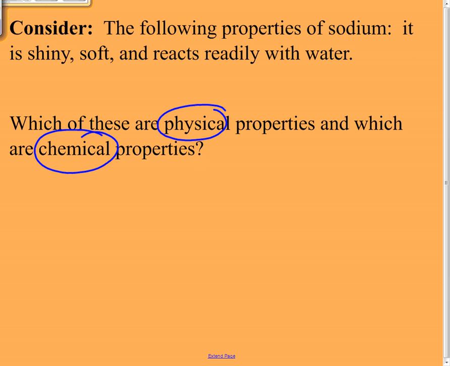The following properties of sodium. It is shiny, soft, and reacts readily with water. Now, can I observe shininess without changing it? Yes. So that means shiny is a physical property. Can I test its softness without changing it? Yes, I can.